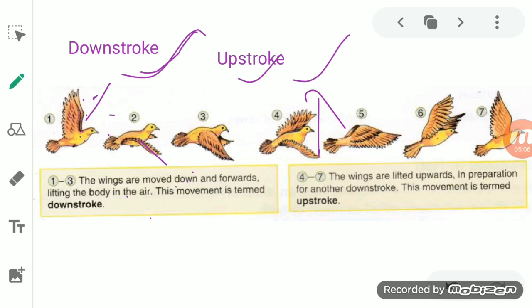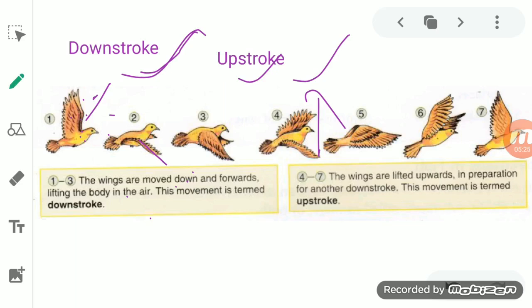So if the bird is applying force on the air, it pushes the air in the downward direction, the air will also push the bird's wings in the upward direction, and due to which the bird is able to move up.